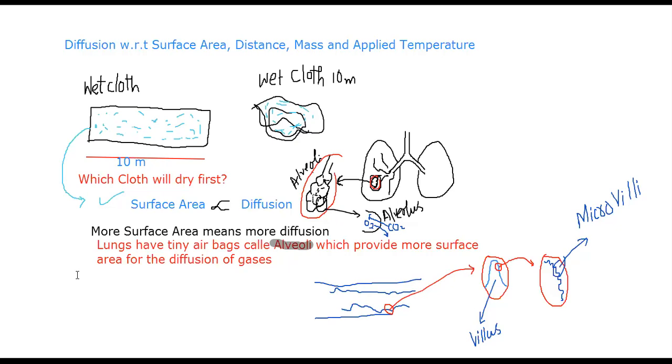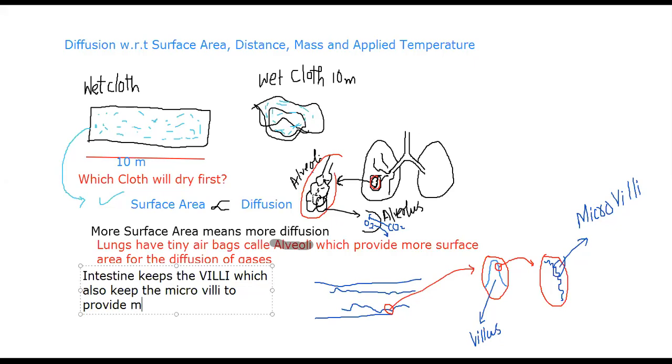Now this is another example that I need to give you. The human intestine, or any animal intestine, has villi, the plural of villus, which also have microvilli to provide more surface area.